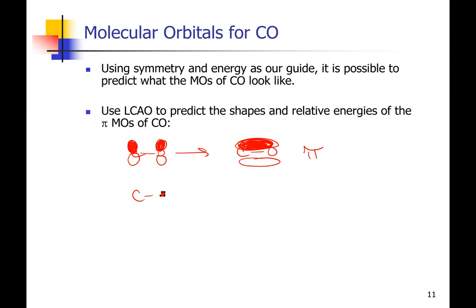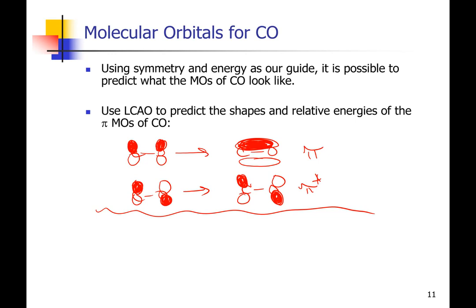If we combine these atomic orbitals out of phase, then we're going to get a pi star or anti-bonding molecular orbital as well. So this is going to kind of point out this way a bit, and this is going to kind of point out that way a bit. So that was our 2px box taken care of.